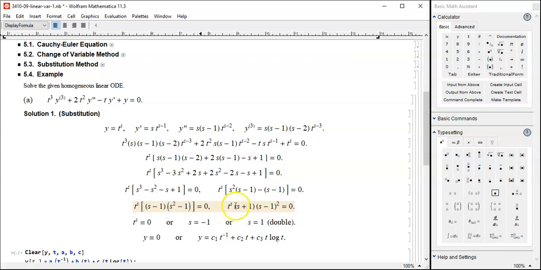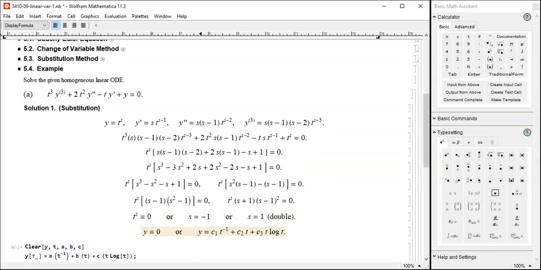So we get t to the s power is 0, so that gives you the singular solution. y is always equal to 0. You see, y is t to the s power. It always shows up. And how about the s values, the characteristic values? We have -1 and +1, and +1 is a double root.